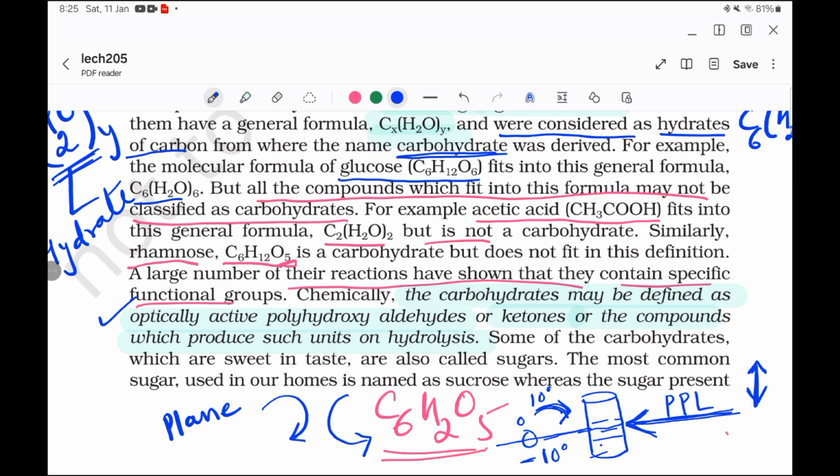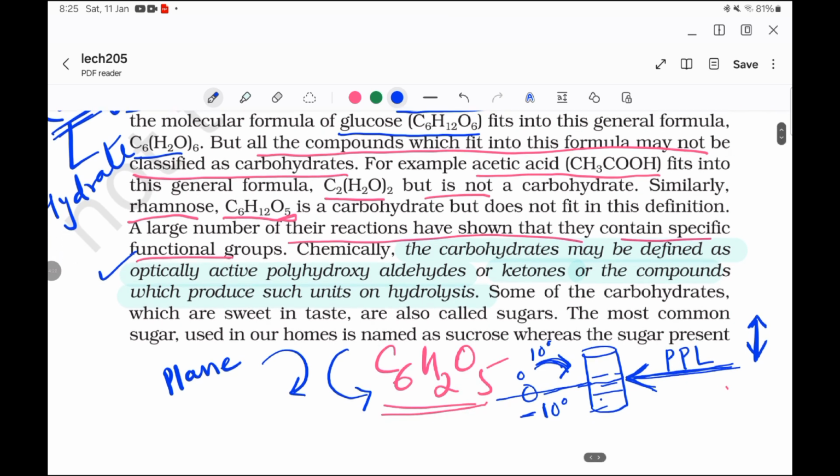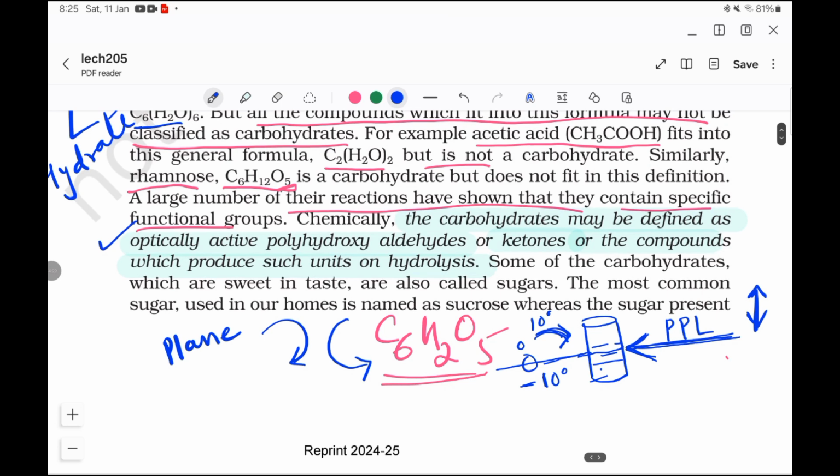We will study that later. For now it is sufficient to understand that optically active compounds rotate the plane polarized light, or you can simply say they rotate the light.